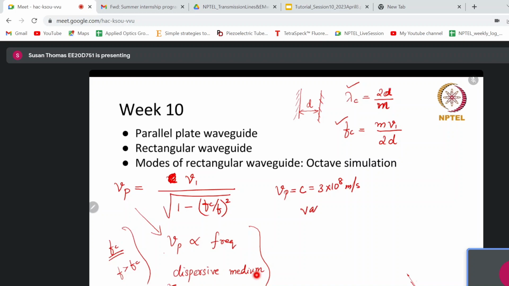Whereas if you have a medium in which the phase velocity is a function of frequency, we say it is a dispersive medium, and this Vp is always greater than c, the speed of light in free space. The other point to consider here is that the phase velocity doesn't convey any information.